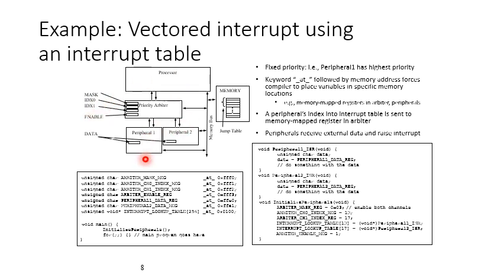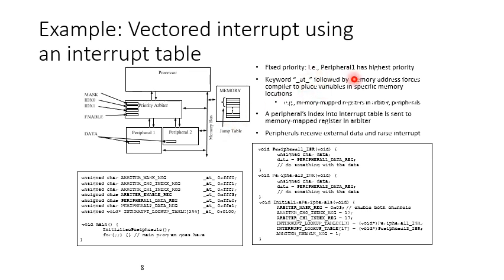Only the diagram direction is changed, the rest of the things are the same. Peripheral 1 with data and peripheral 2 with data are connected to the memory bus, and this memory bus in turn is connected to the processor and to memory, where we have the jump table, or interrupt table, where the interrupt service routines are written.